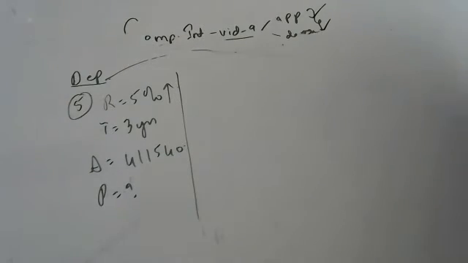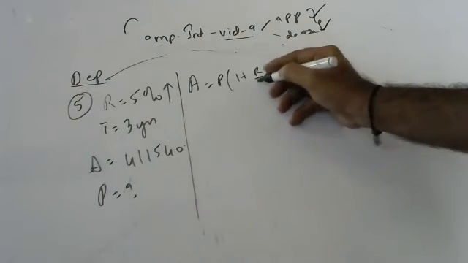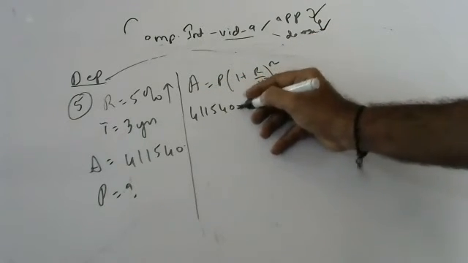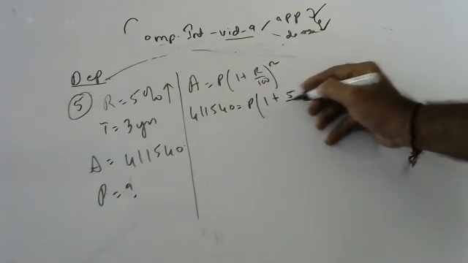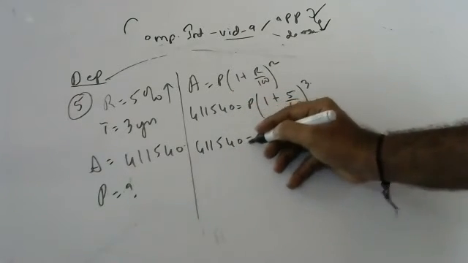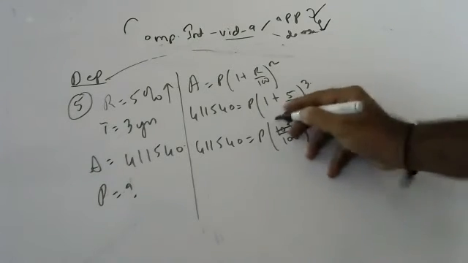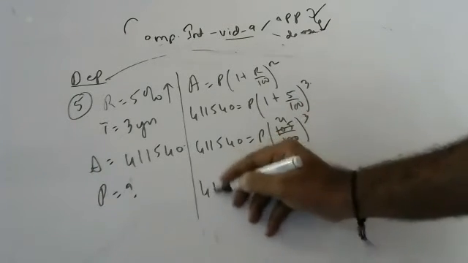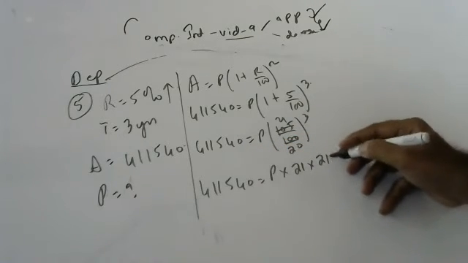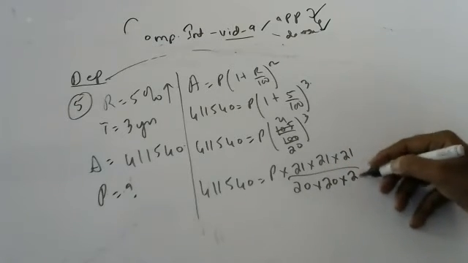A is equal to P into 1 plus R by 100 to the power of n. So 411,540 is equal to P into 1 plus 5 by 100, which is 105 by 100, whole cube. P into 21 into 21 into 21 by 20 into 20 into 20.